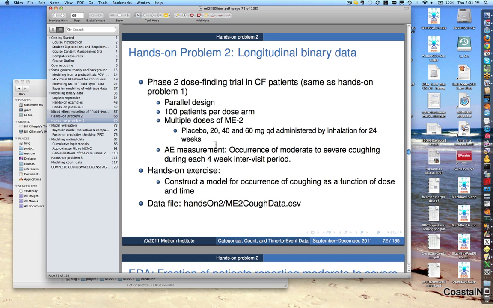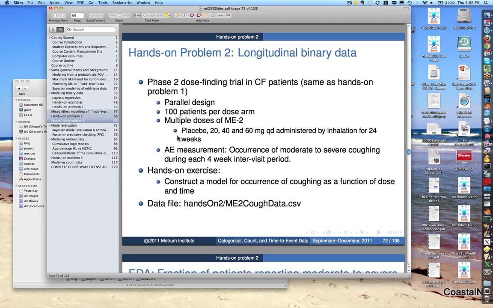What we're going to be looking at is the occurrence of moderate to severe coughing spells, and in this case, we're going to look at it on a longitudinal basis. So we're going to take reports of these coughing spells for each one of the 4-week intervals between visits.